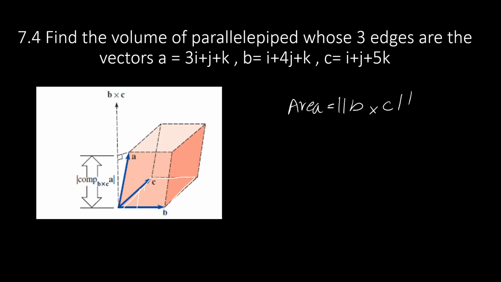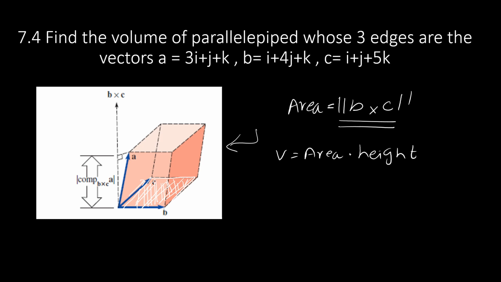So the area of this base is the cross product B cross C. Now, since it looks like a rectangular prism, if you want to find the volume of it, it is area times height.